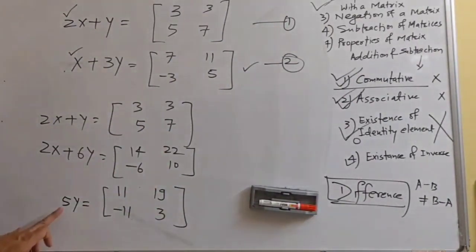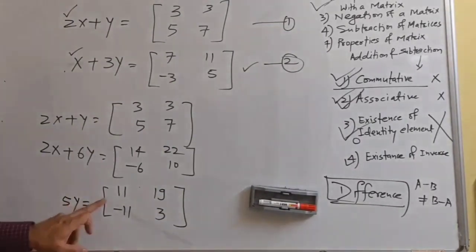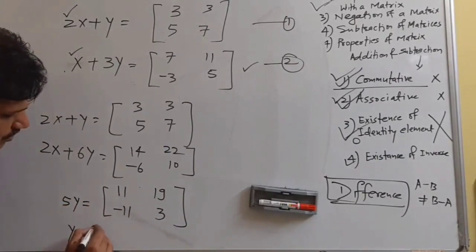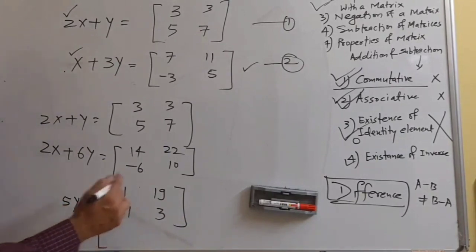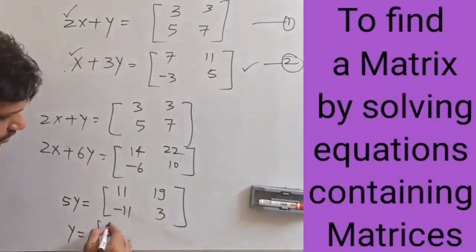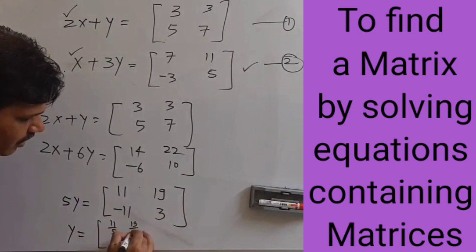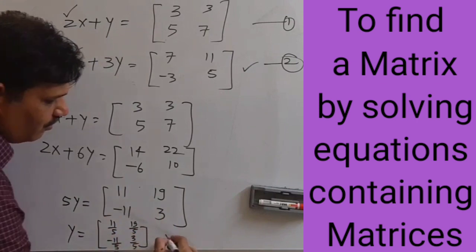We are interested to find the value of Y, so this matrix will be divided by the scalar 5. So the result is Y is equal to 1/5 of this matrix, the whole matrix divided by 5: 11/5, 19/5, minus 11/5, 3/5. This is the value of Y.